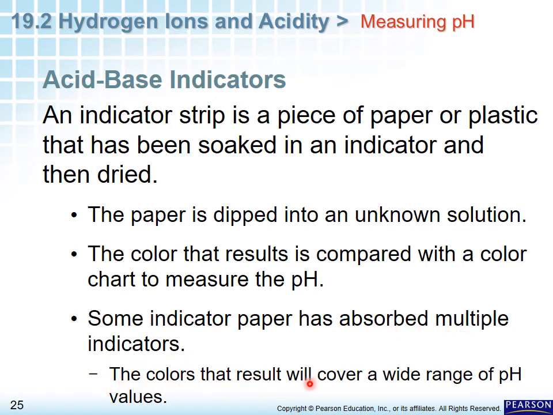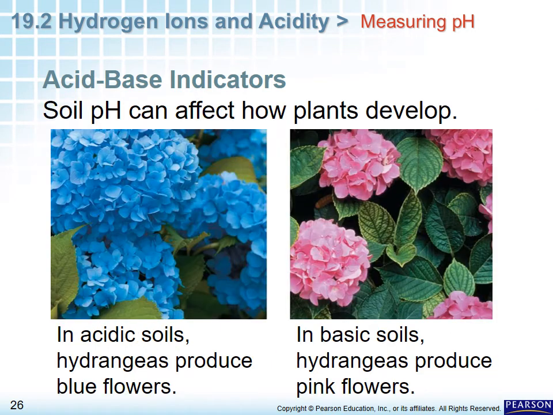The colors that result will cover a wide range of pH values. So what does it mean? You take the pH paper, put it into the acid or base, the color changes, match it to the given chart, and then there is a value you can see, and this is the value of pH.